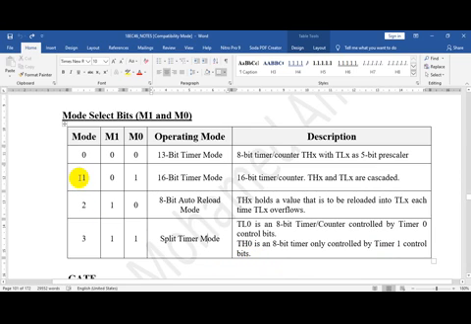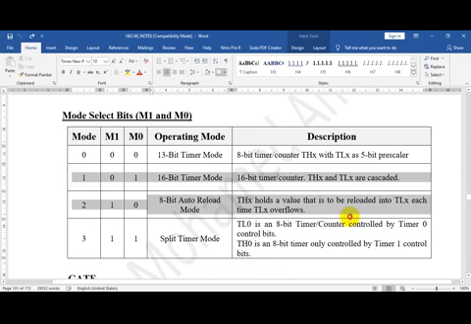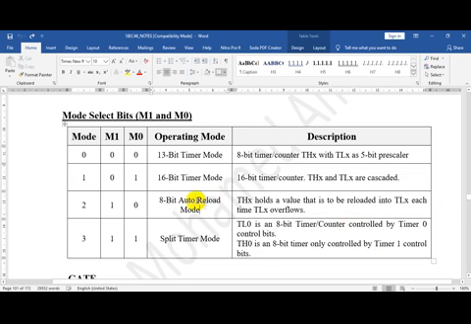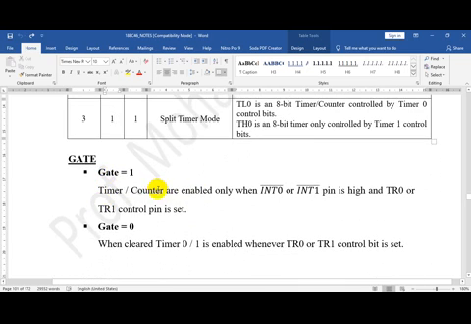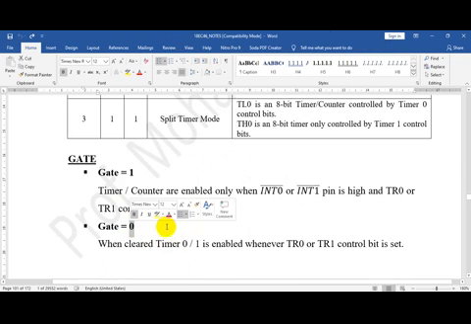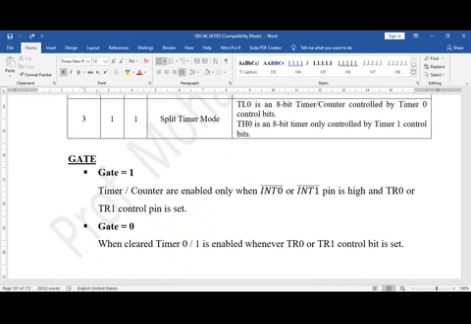Of all these 4 modes, you should concentrate on mode 1 and mode 2. The last bit is the gate bit, which I will discuss when I discuss interrupts. As of now, the gate bit is always configured as 0.